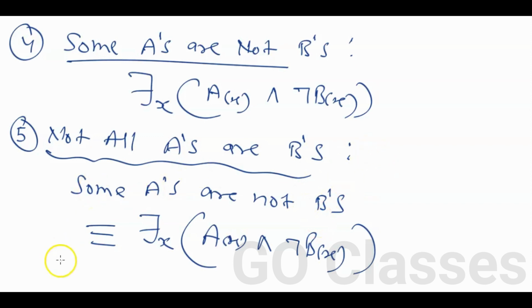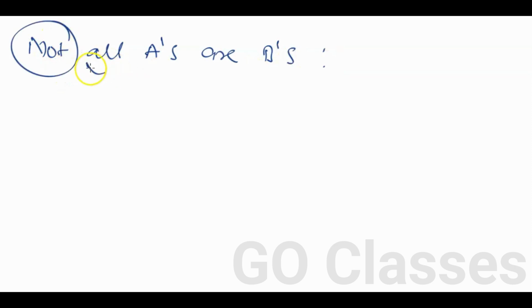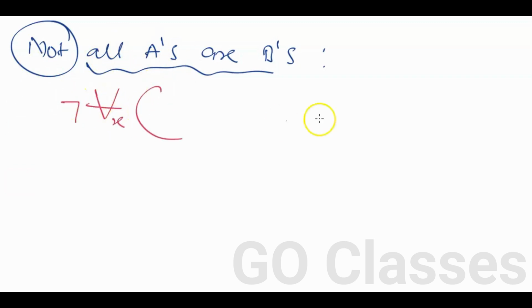Okay. Next, let's see this same statement. Not all A's are B's, I can also write in another way. I can say negation of this. And what is this? All A's are B's means for all X, if it is A, then it is B. So you can notice, not means negation.